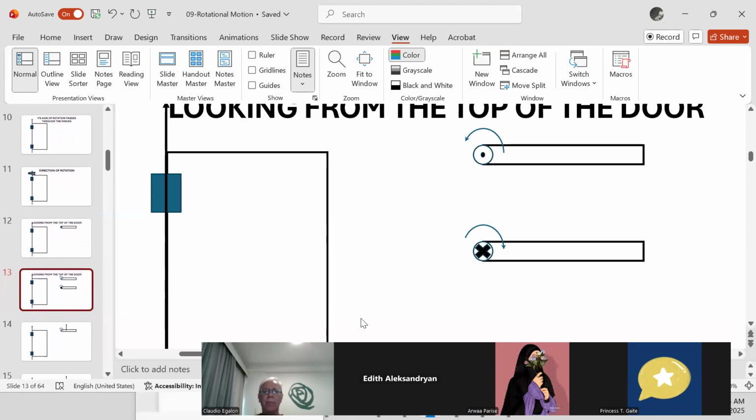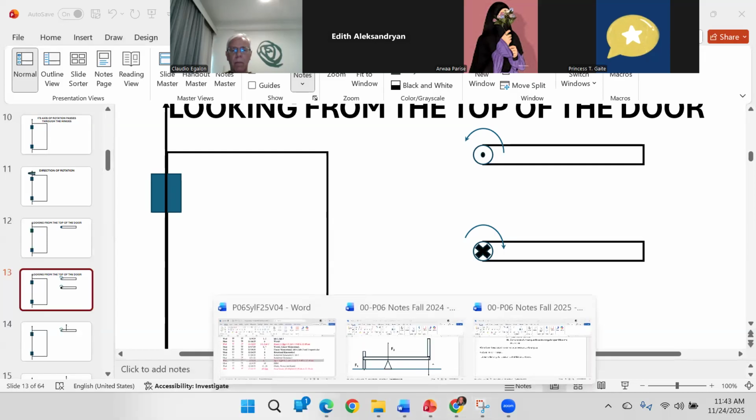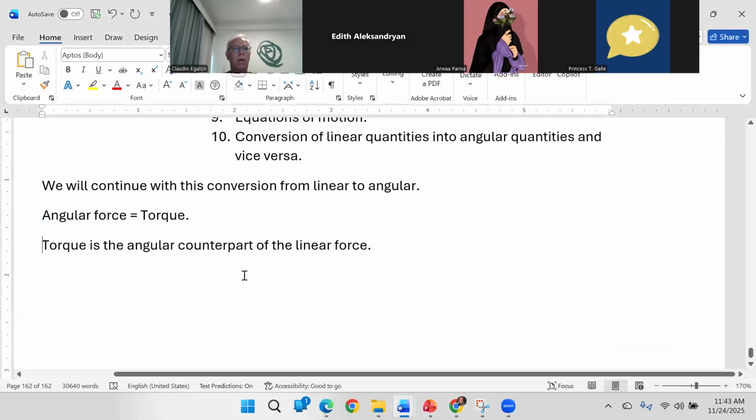Okay, let's write that down. Torque is the angular counterpart of the linear force.